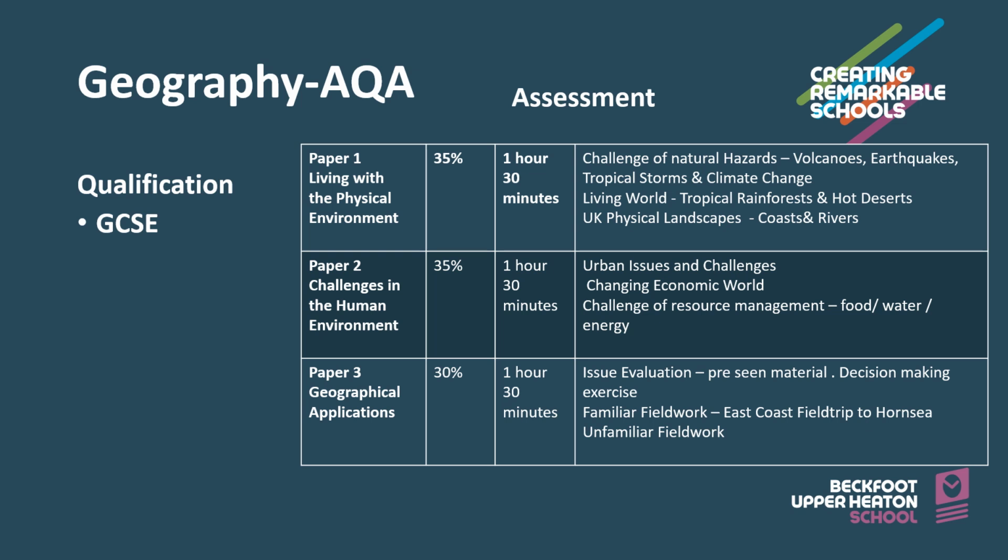Finally, we focus on changing economic world, where we look at Nigeria, and then we focus on how the UK economy has changed. In year 11, students also complete the pre-release, which is released by the exam board in March before the exam, and it's based on a decision-making exercise around a key topic from papers 1 or 2.